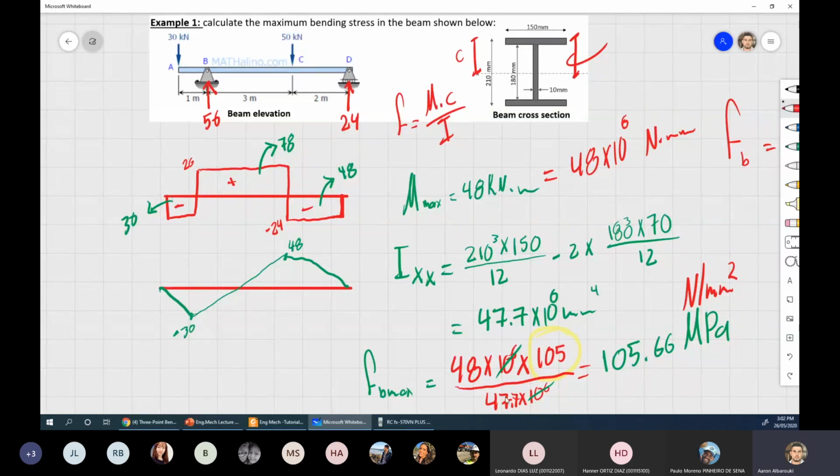I can choose 200, 300, 400 MPa steel, it's a different type of steel. This gave us the minimum strength of steel that I need to use to resist these stresses. Make sense?